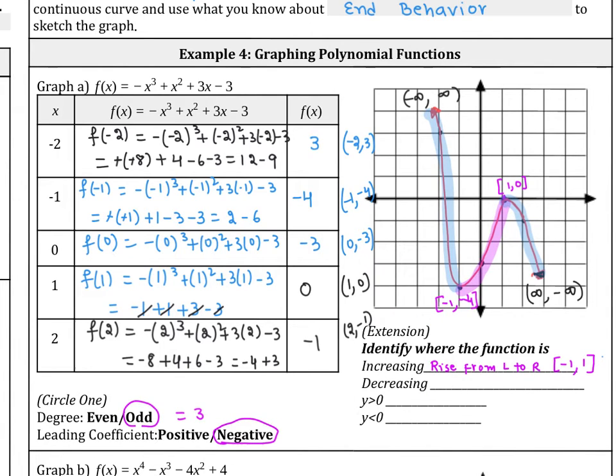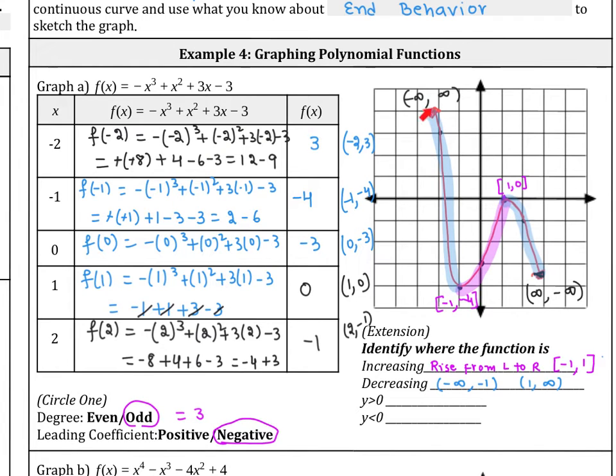So my first curve is -infinity to -1. My second curve is falling from left to right from 1 to +infinity.